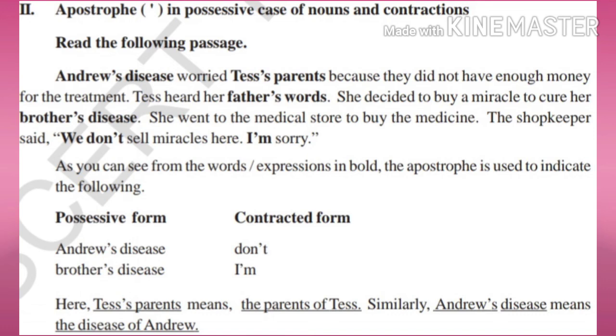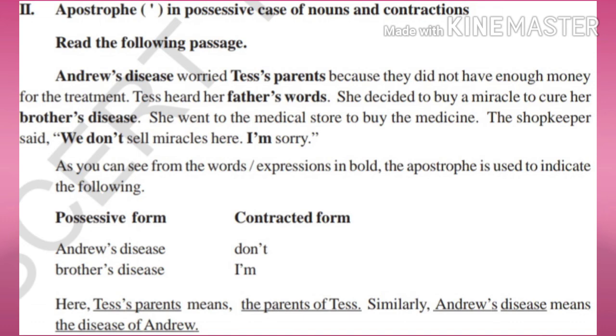As you can see from the words in bold, the apostrophe is used to indicate possessive forms and contracted forms. Let us see the possessive forms. Andrew's disease, Tess' parents, father's words, brother's disease, and contracted forms are don't, I'm.